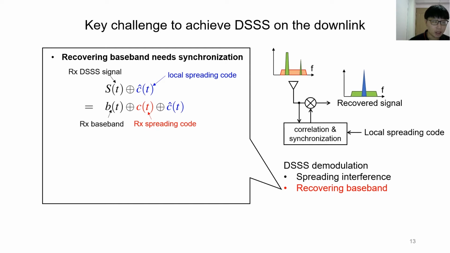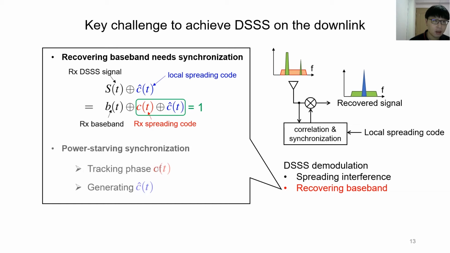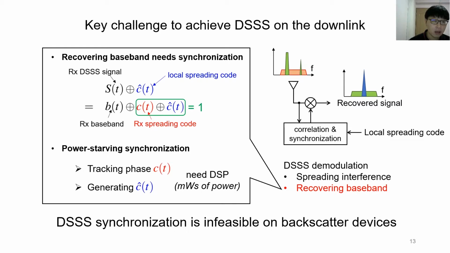When they are synchronized, this portion equals 1 and the baseband can be recovered. However, the synchronization is power-starving. We need to first check the phase of the digital signal and then generate the spreading code correspondingly. The whole process needs digital signal processing, which is infeasible on backscatter devices.